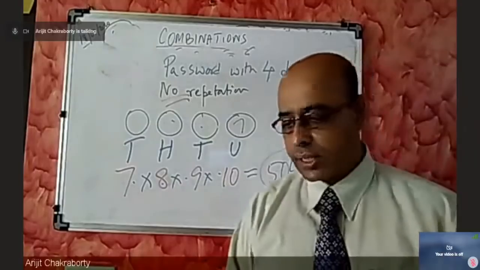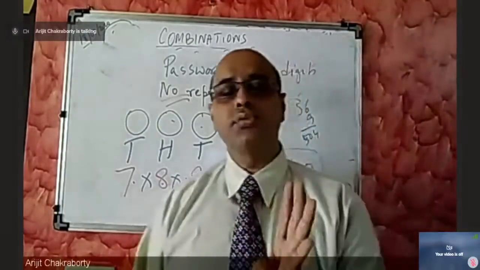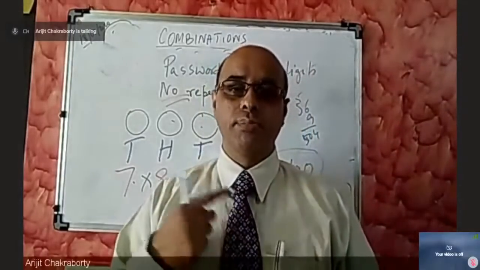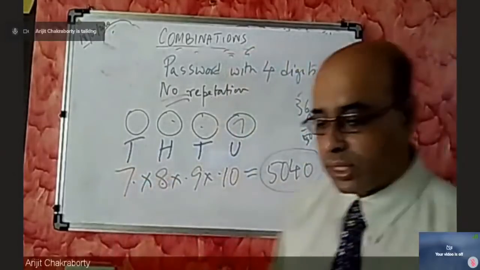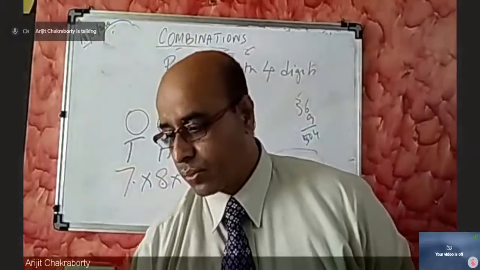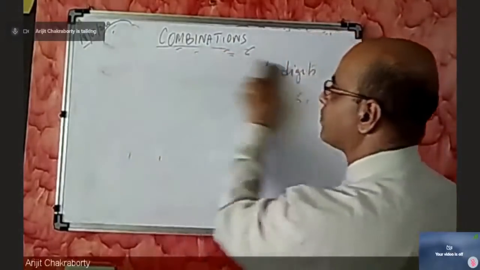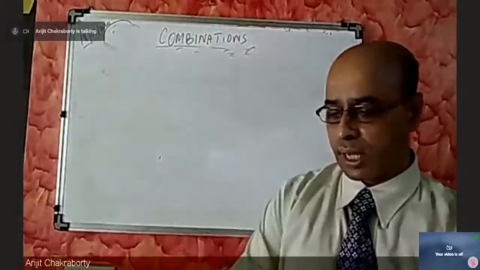So we get the total number of possible outcomes in which you can create a password with 4 digits such that no number is repeated. It comes to 5040 possible outcomes. We proceed now and quickly move into combinations. Then, time permitting, we will take some more examples.